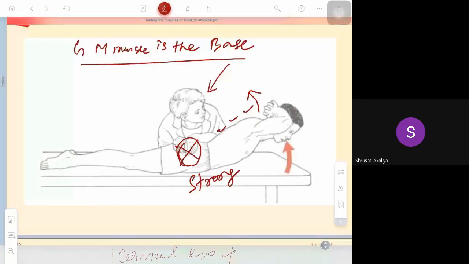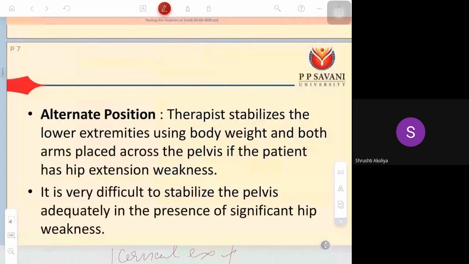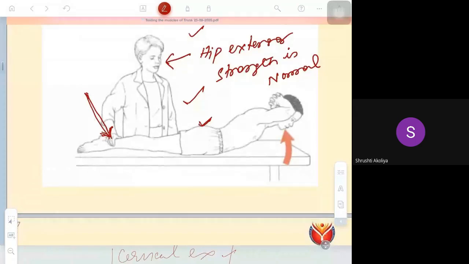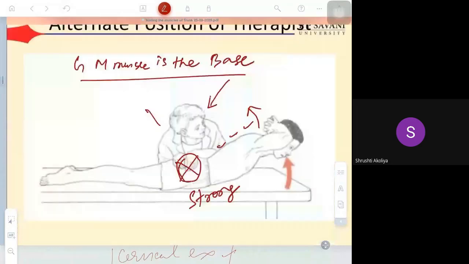So if hip extensors are normal strength, this position is preferred, that is, stabilizing the ankle is enough. If hip extensors are weak, then this position is preferred. I think you are clear what I'm saying.